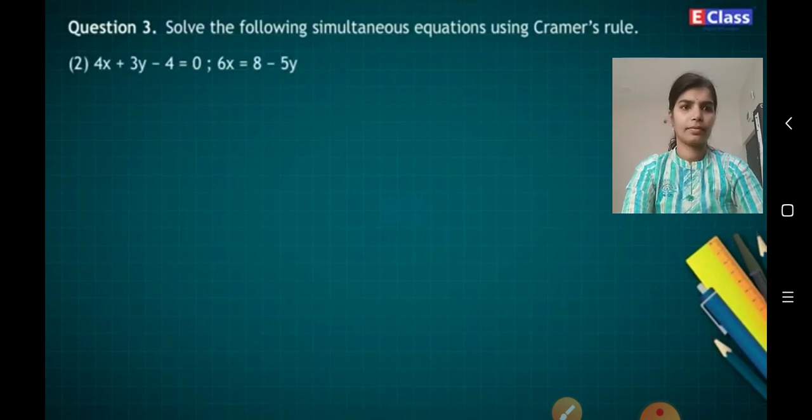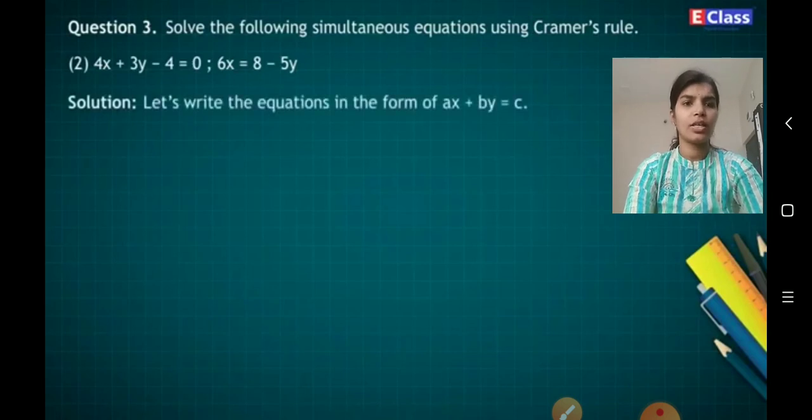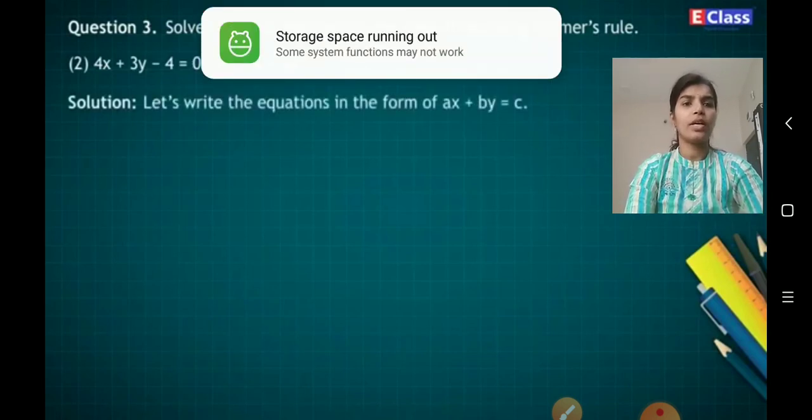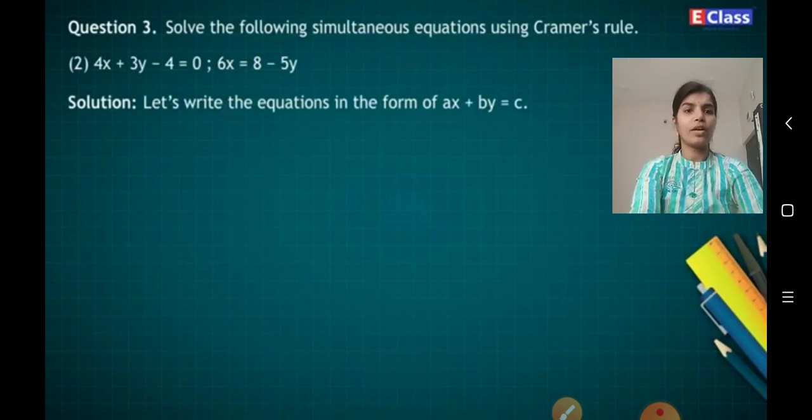Your first step to solve simultaneous equations using Cramer's rule is to arrange the equations in the form of the standard linear equation. Our standard linear equation is ax plus by is equal to c. So we want to write both equations in that form.